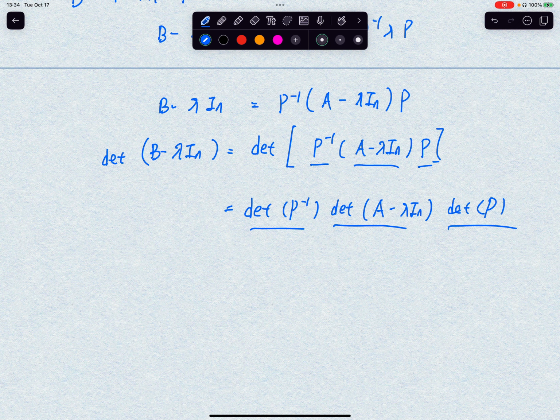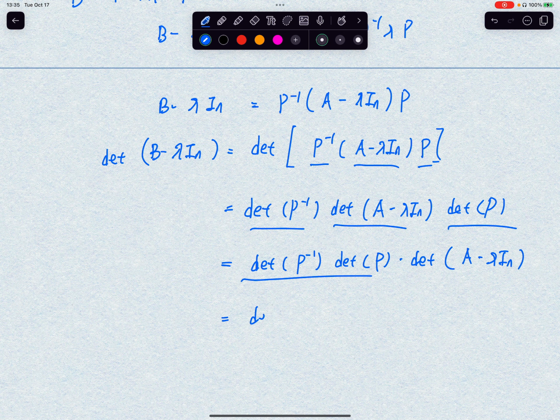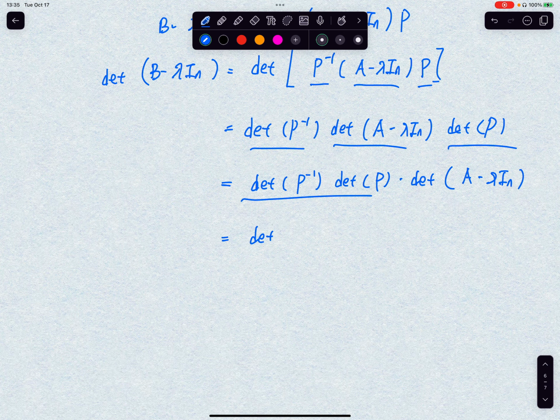So we have the determinant of P inverse times the determinant of P, then times the determinant of A minus lambda I_n, and still we know that the multiplication of the determinants equals the determinant of the multiplication.